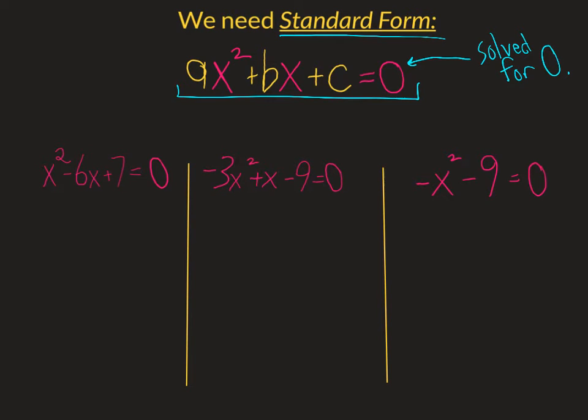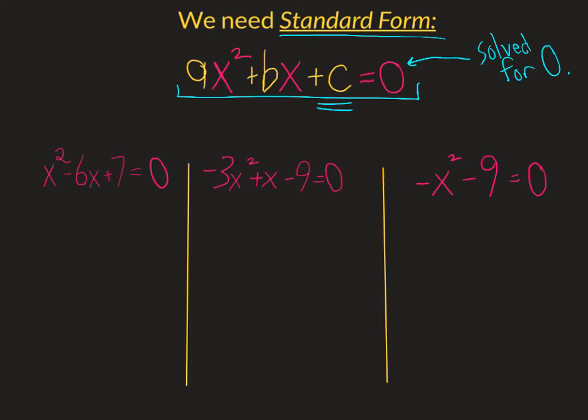If an equation isn't solved for 0, this C isn't going to be correct potentially. If that C is moved over to the other side as -C, then you don't have the right terms. Or if that C is broken apart, maybe that C is a 20, and you've got 10 of it on the left side and 10 of it on the right-hand side of the equation, then you don't really know what C is. You're seeing the wrong number.